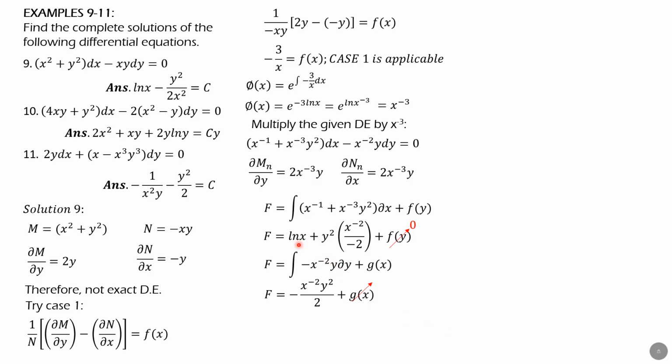So that is ln x minus y squared over 2x squared equals c. So ln x here minus y squared over 2x squared equals constant. That's the solution, right? Then let's check, because definitely you will forget this procedure.